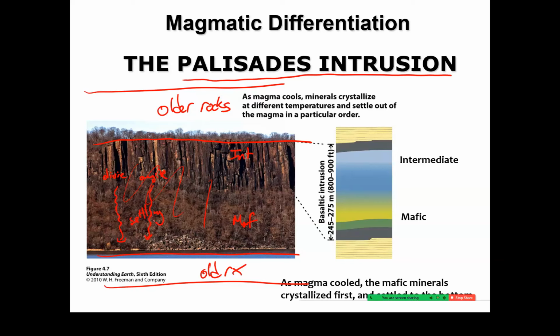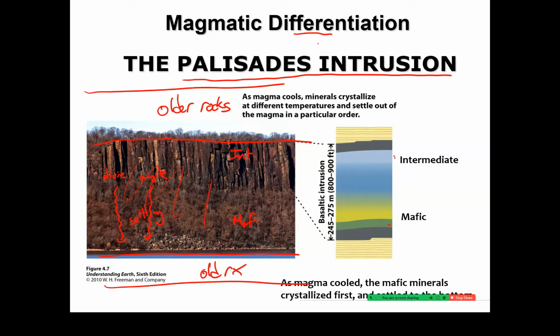As a result, this magma differentiated into solid mafic material that settled out at the bottom and more intermediate material that eventually crystallized at the top. So that's an example of the process of magmatic differentiation.